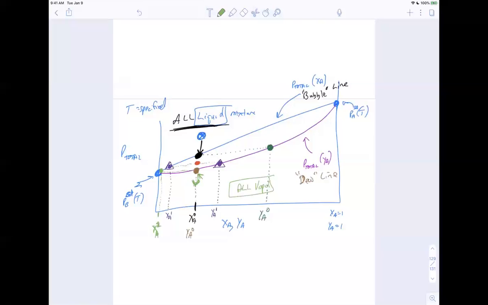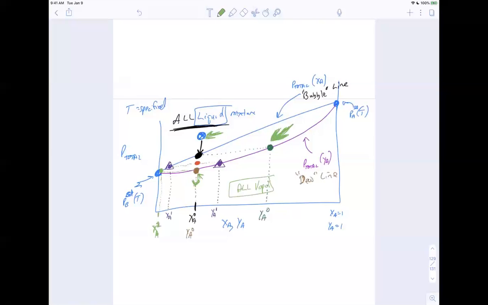And in this case, it's kind of interesting that we started here, but we enriched one of the phases in A, and we decreased the amount of A in one of the phases. If we look at this coexistence curve, we saw that the composition of A in the vapor phase is much higher than it was in the liquid.